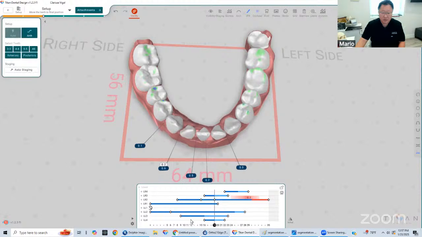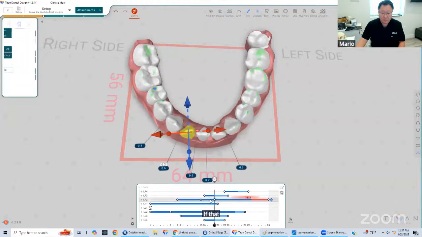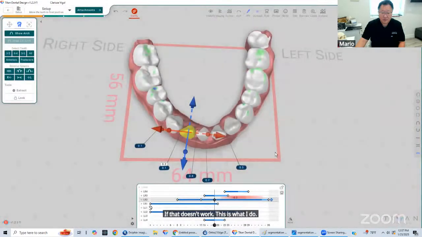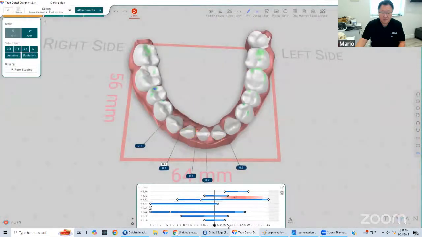I would just keep it so that it almost looks like it's, and then, okay, if that doesn't work, this is what I do.